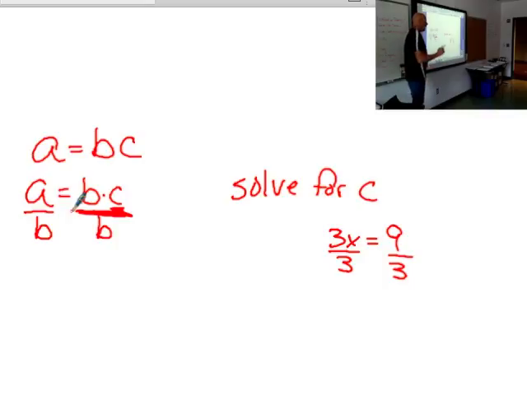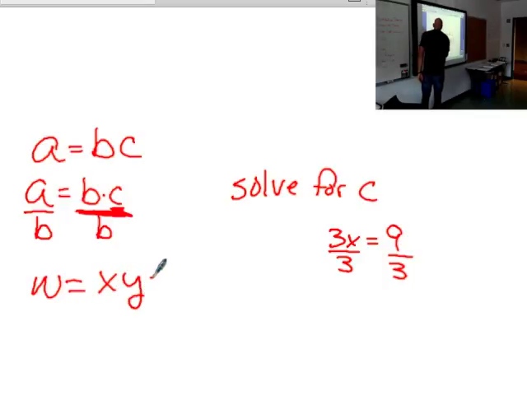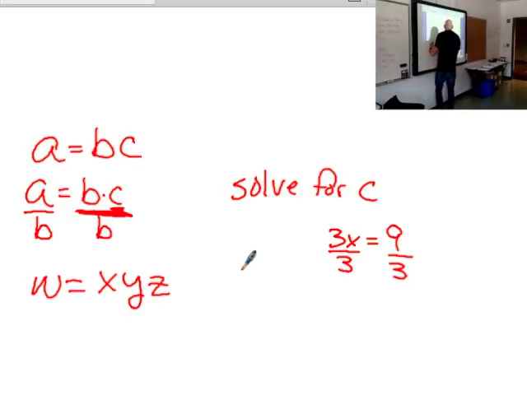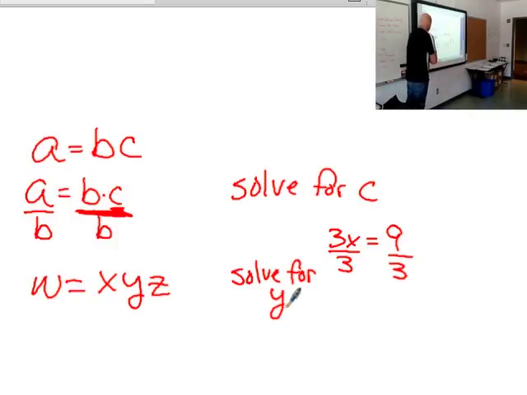How about W is equal to XYZ? This is what you're going to see, something similar on the exam on Tuesday. We're going to solve for Y. So can we rewrite this as x times y times z? Is that correct?